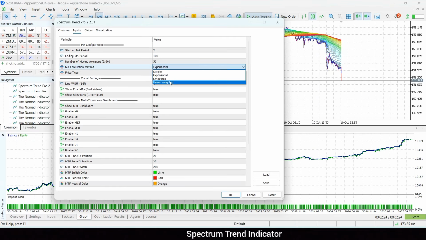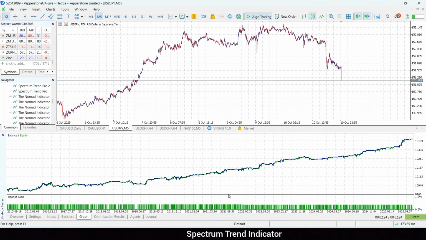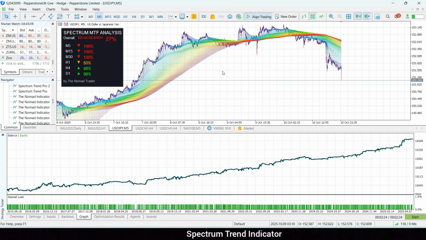I like to use the linear weighted moving average. I think it's pretty good. And in the future, I'm also going to code some completely new kinds of moving averages into this indicator, and also possible new possibilities.